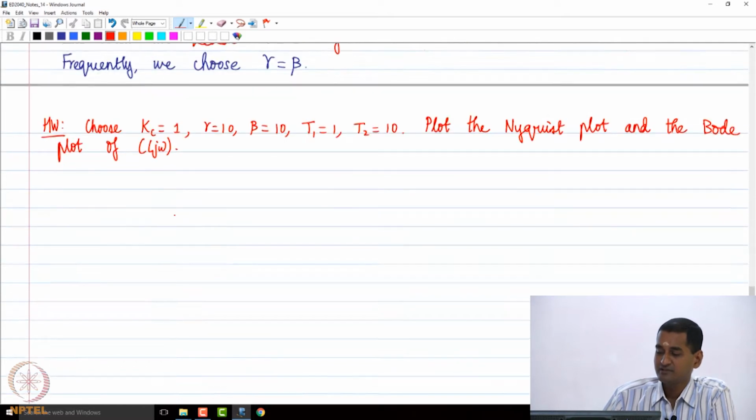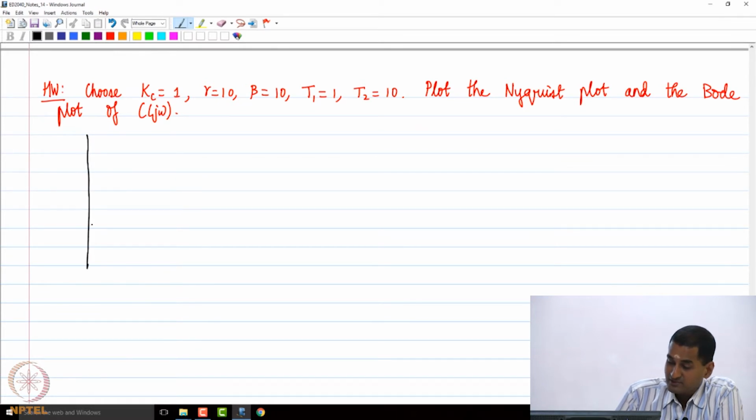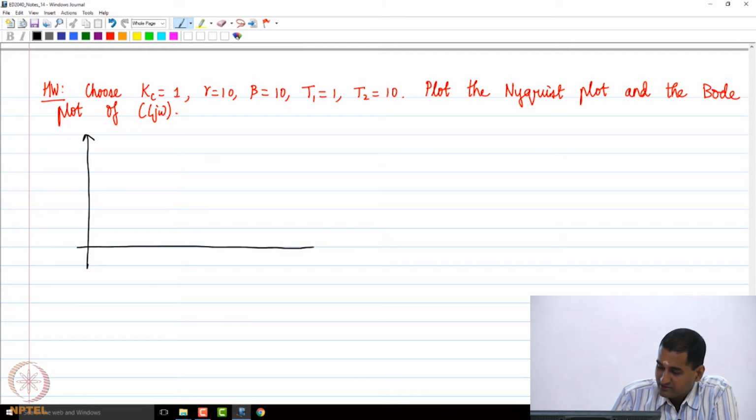That's your homework. I am just going to draw the Bode plot, the log magnitude curve to be more exact, so that we can visualize how this is going to look.